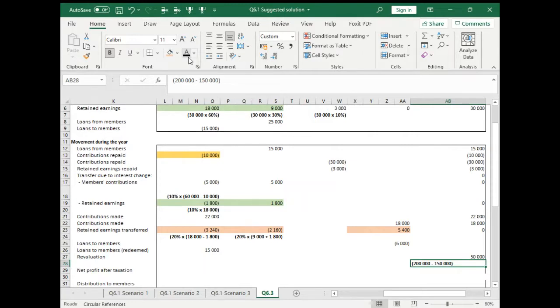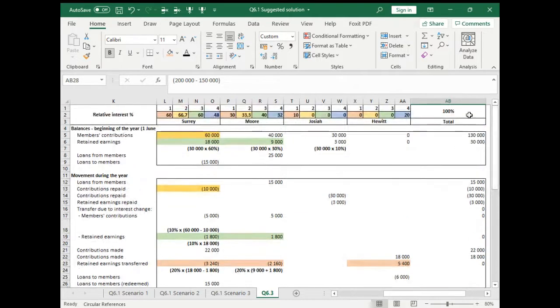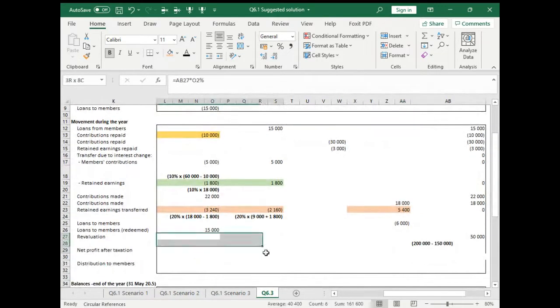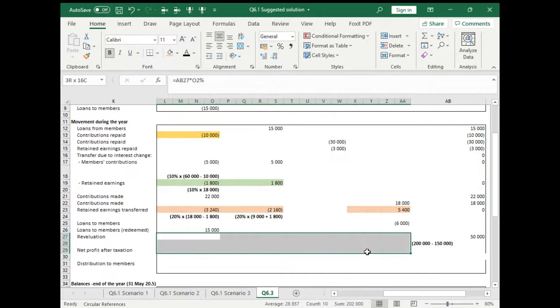But then to determine how to allocate it to the members, you allocate it based on the percentages at that stage. So it's 48% for Surrey, 32% for Moore, and 20% for Hewitt. And that is how you then distribute that 50,000 between the remaining members.